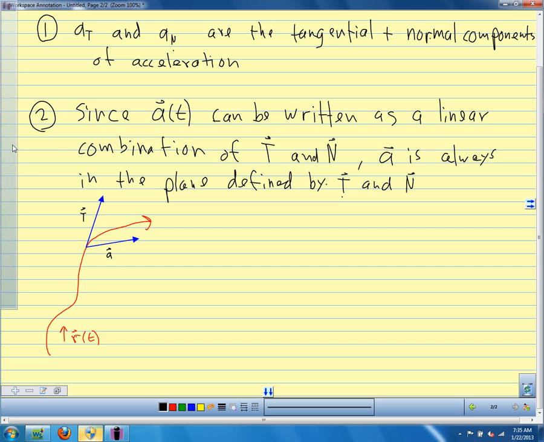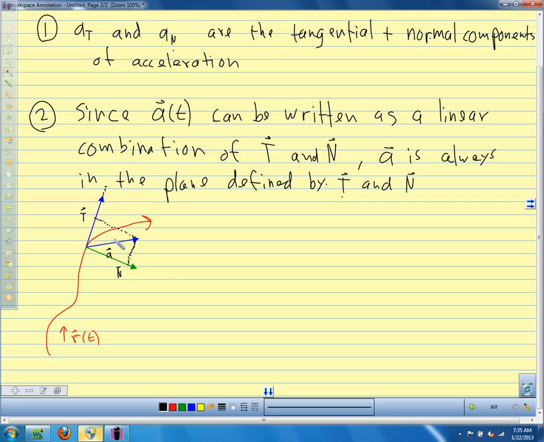And my unit normal vector I'll do in green here. And what I'm going to do is project my acceleration onto T and project it onto N, like so.